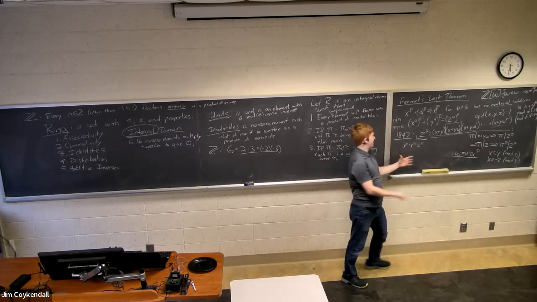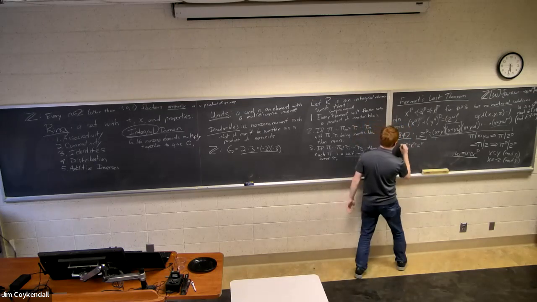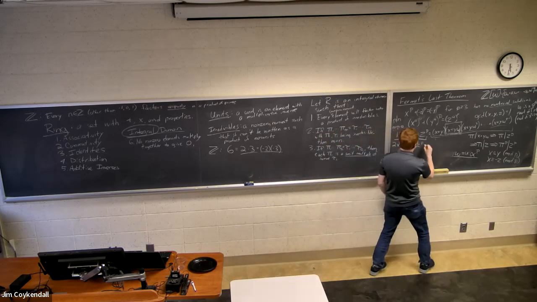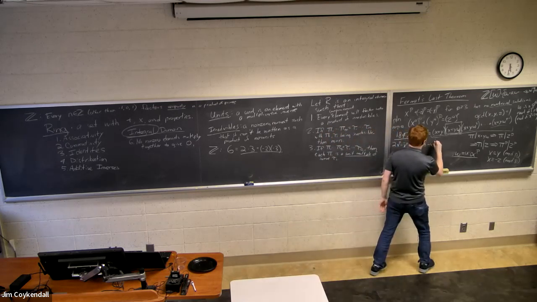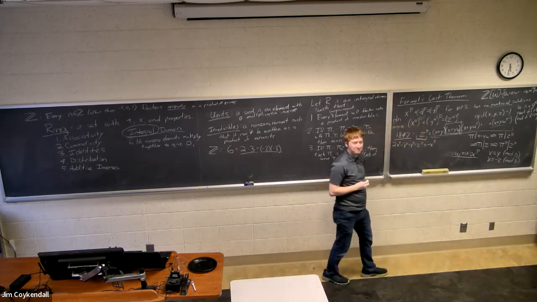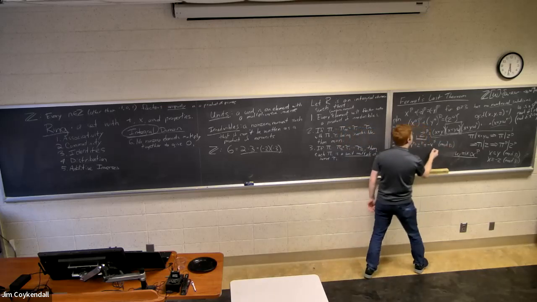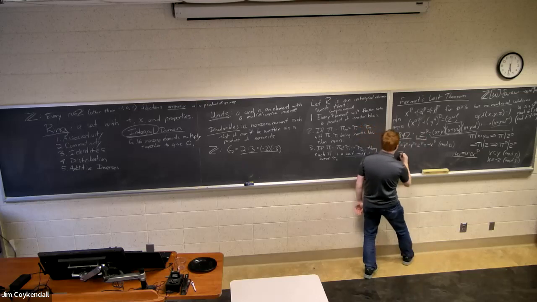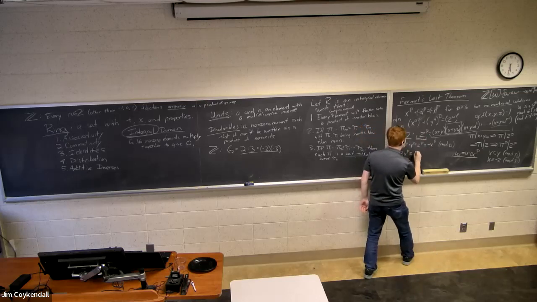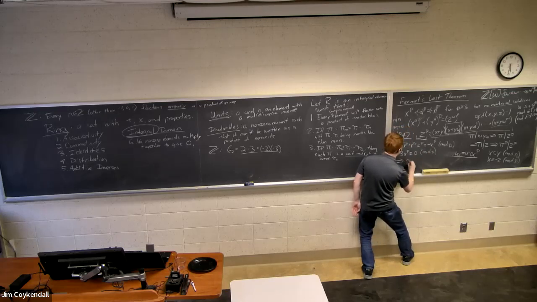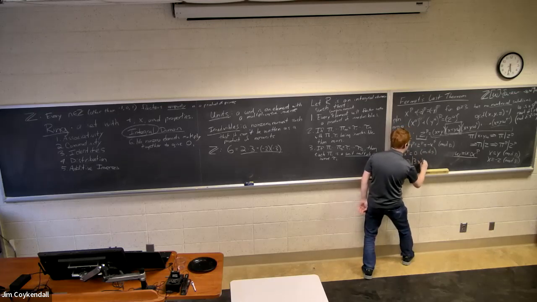Well, mod p, these are the same thing. So this is actually 2x to the p. But over here, this is negative x to the p, mod p. So if we add this across, 3x to the p is congruent to 0 mod p, which means that p divides 3x to the p.